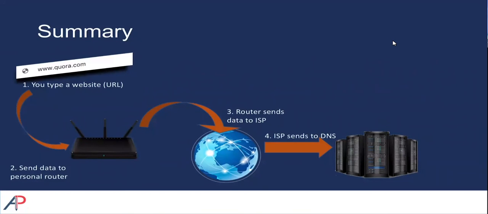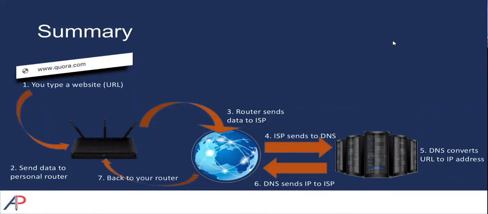The DNS is going to look through the different name servers. If it can't find it in the first name server, it'll look at another name server. Worst case scenario, it will look at a root name server to find the domain name and ultimately the IP address. When it does find the IP address, it sends it back to the internet service provider, back to your router.